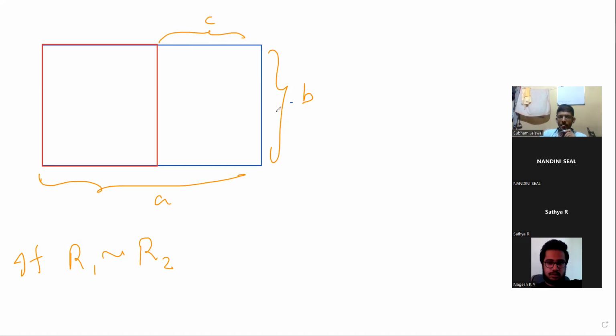All I want to say is that A by B, the ratio of the bigger side to the smaller side of the first rectangle, is the same as the ratio of the bigger side to the smaller side of the second rectangle, which looks like B by C. That's what I mean by similarity: the ratio of the sides is the same, the natural notion of similarity. Given this, find A by B.